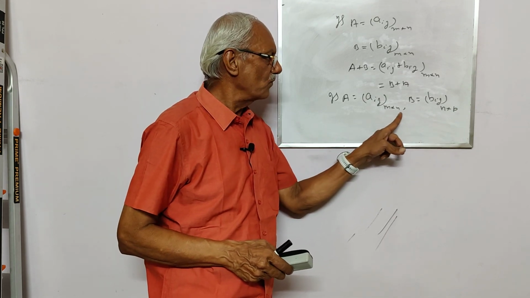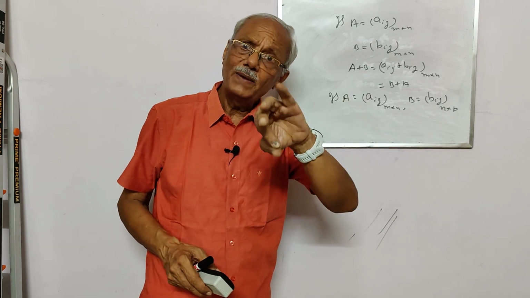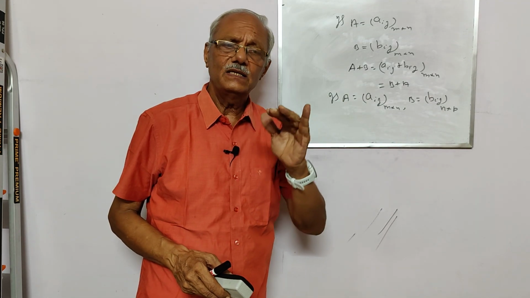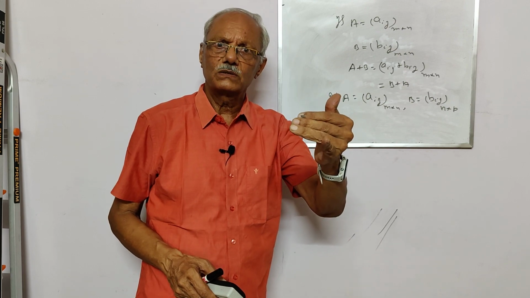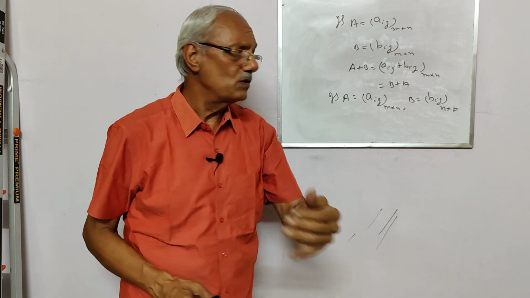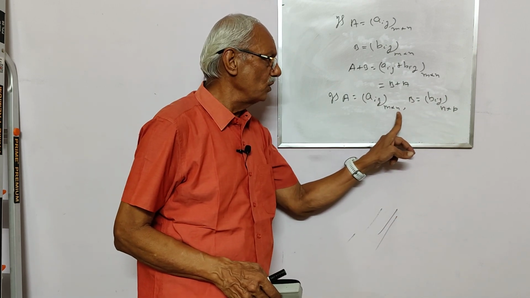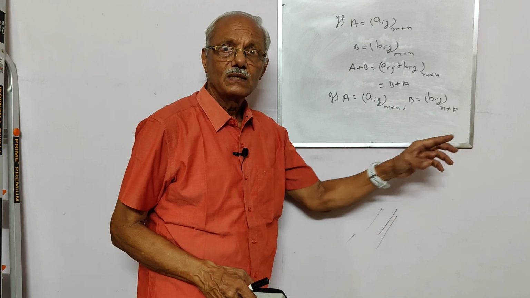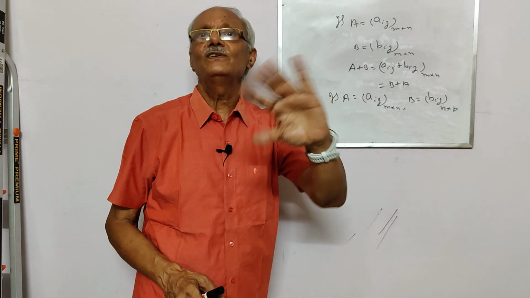You find the number of columns here is equal to the number of rows here. If the first matrix has M rows and N columns and the second matrix has N rows and P columns, then you can multiply the two matrices.